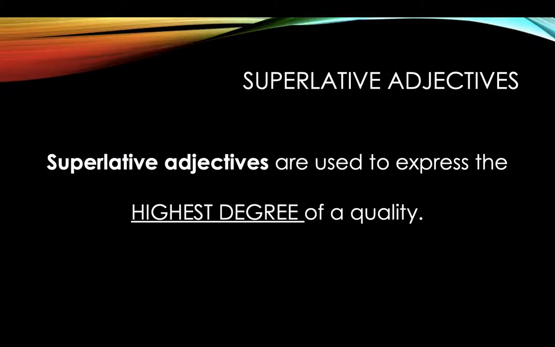Okay, so that was comparative. That's when we are comparing two nouns only. But when we have more, or we want to say something is the absolute best, we use superlative adjectives. Superlative adjectives are used to express the highest degree of quality. So it's either the absolute best or the absolute worst, okay?